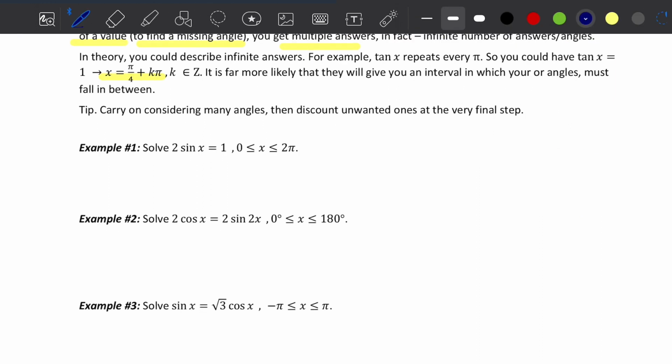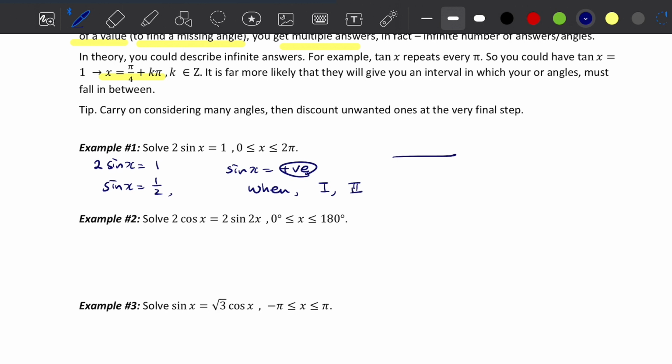Example 1: solve 2 sine x equals 1, where the angle x is between 0 and 2 pi. We have 2 sine x equals 1. This is the same as sine x equals 1 over 2. We know that sine x has a positive value in quadrant 1 and quadrant 2.